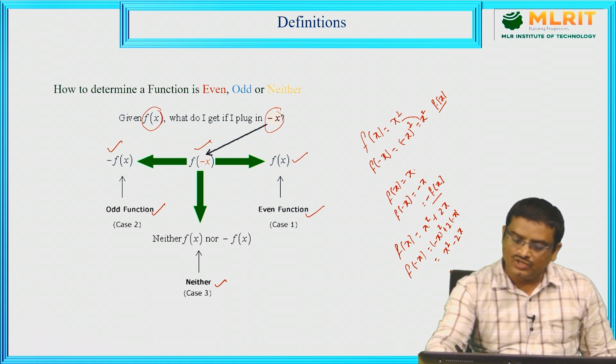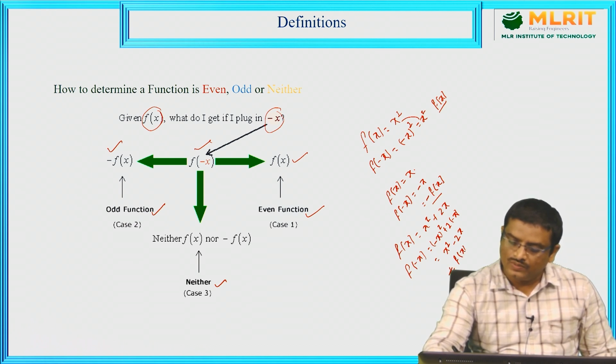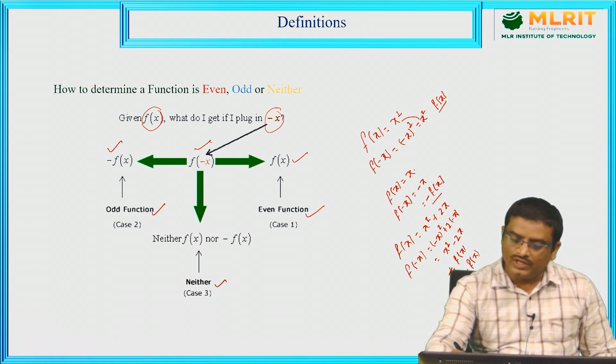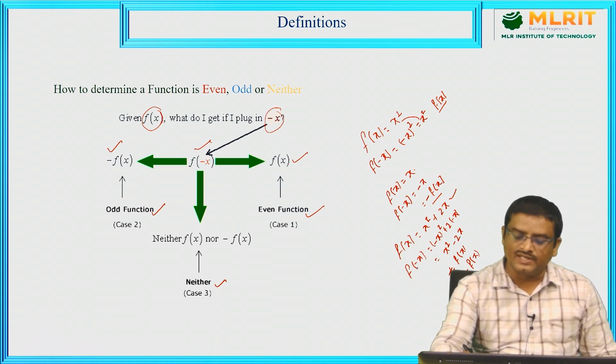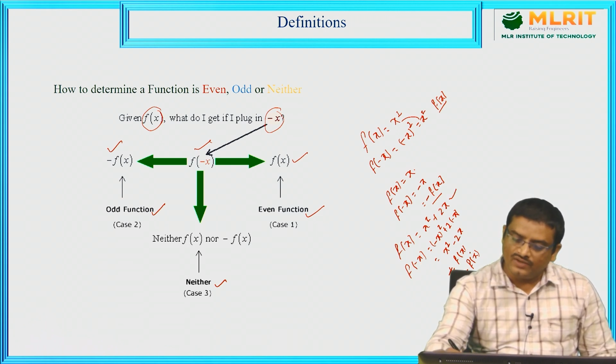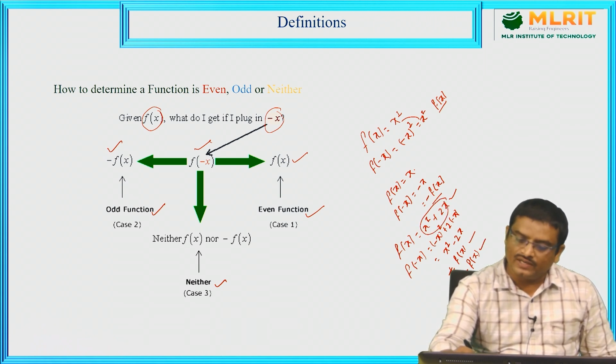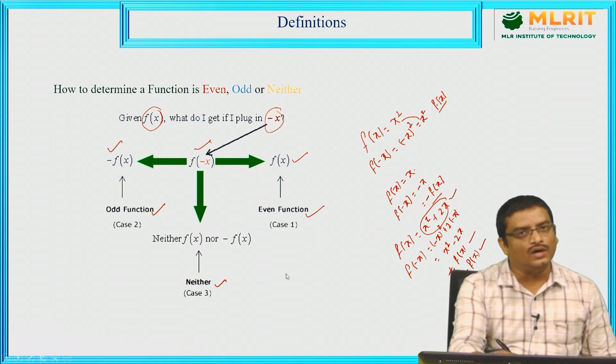This is not equal to f of x, and this is also not equal to minus f of x. So whenever we take this type of function, if you replace x with minus x, the resultant value is not equal to f of x and not equal to minus f of x. Then we consider this type of function as neither even nor odd.